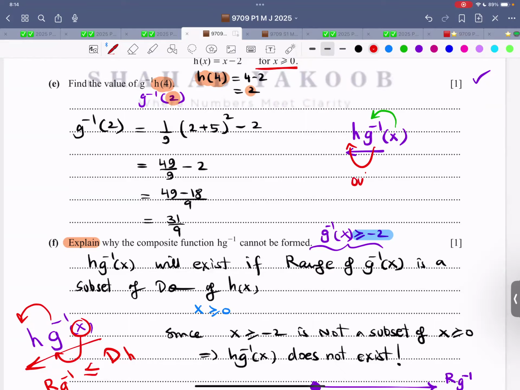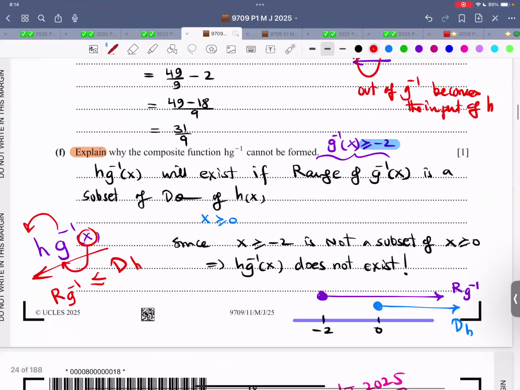So the output of G inverse becomes the input of h(x). So output of G inverse is the range of G inverse. Input of h(x), that is the domain of h(x).